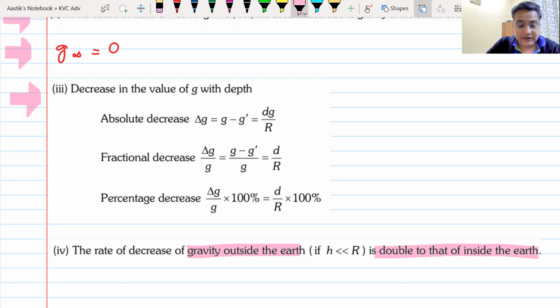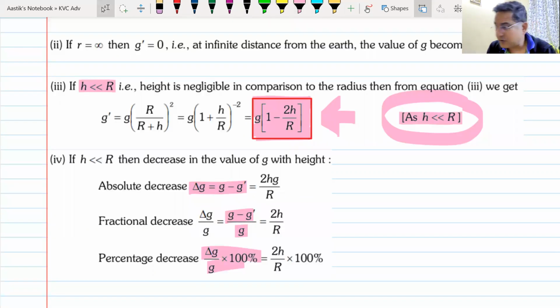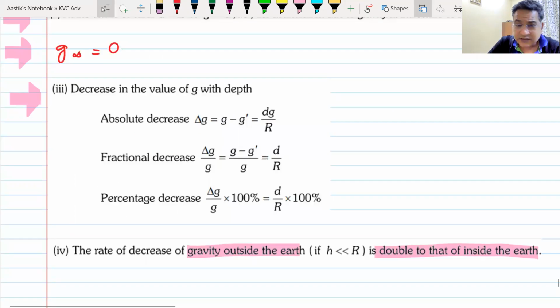But remember, there I had taken height very small compared to the radius of Earth. So everywhere you were finding the factor of 2 coming, yes or no? Yes, sir. Here there is no factor of 2, therefore the rate of decrease of g with height is twice as much as the variation of g with depth. Do we understand this? Yes, sir.